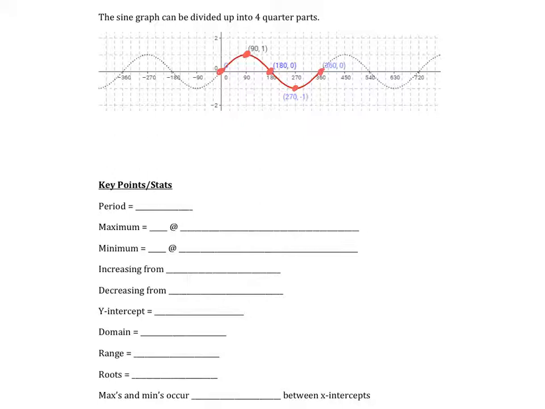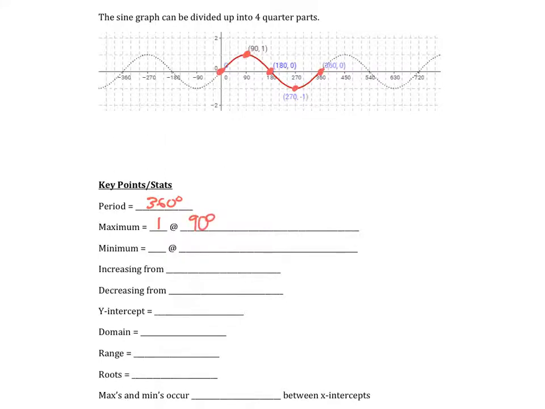So some key points and stats. The period, some of these we've talked about. The period, 2 pi, oh boy, I'm going back to my pre-calc days. You'll come to that next year. The period is 360 degrees, again, how long it takes to repeat. The max: what's the maximum value? The maximum y value is 1. Where does it occur?